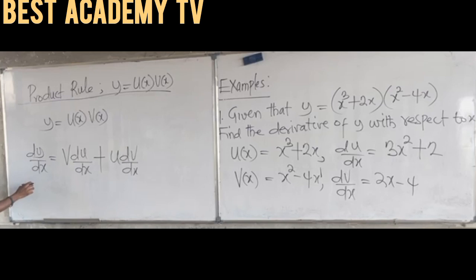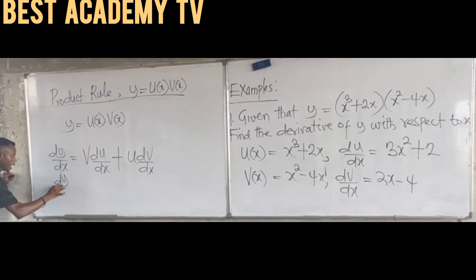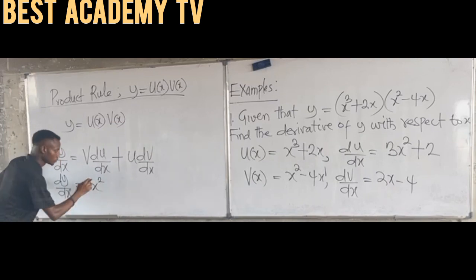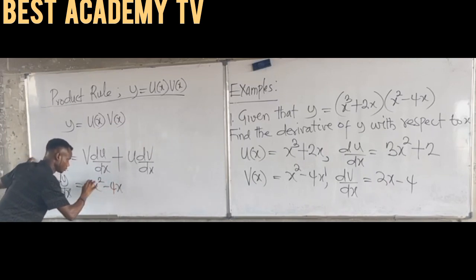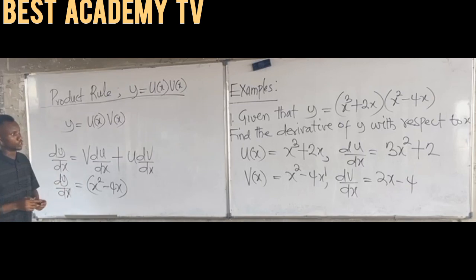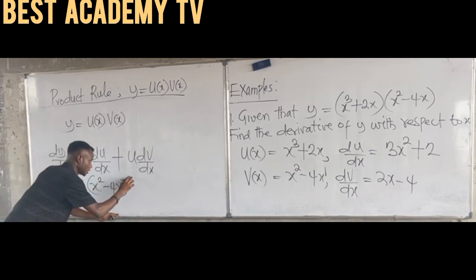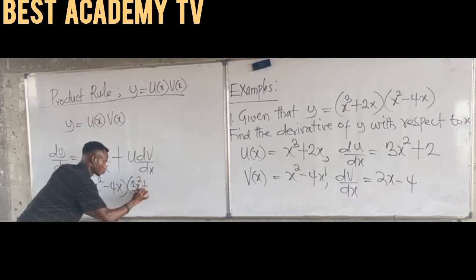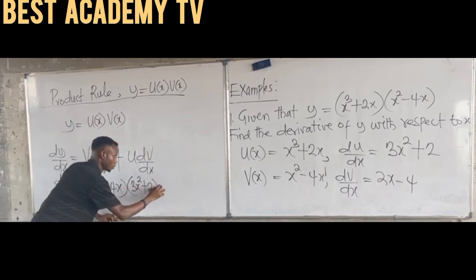u is given, the du/ds is given, the dv/ds is given. So replacing this, dy/ds will be equal to, what's my v? I call it v or v of s, it's the same thing. That is s raised to 2 minus 4s. What's my du/ds? The du/ds is 3s squared plus 2. Please take note of the plus.